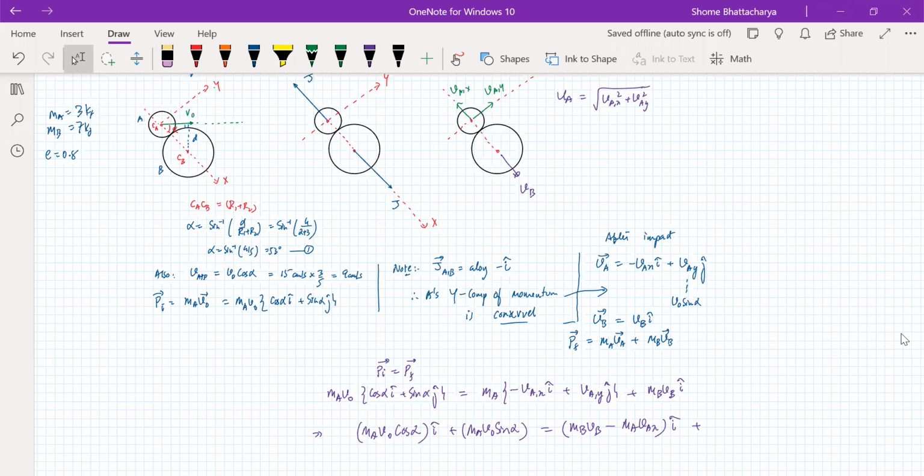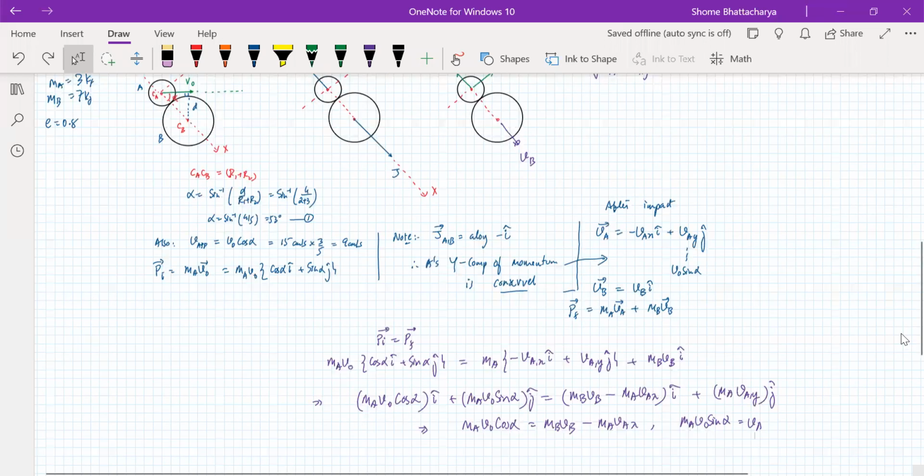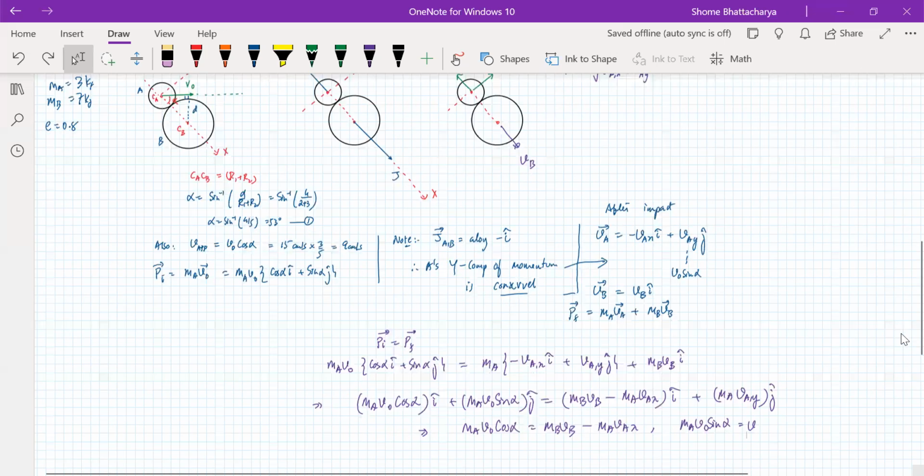And the y component is purely A's y component only, so they have to be equal, which is reflected in the impulse picture, because there is no impulse acting on A along the y-axis, neither on B. So this generates our two equations. mA V naught cos alpha is equal to mB VB minus mA VAX, and on the other hand, mA V naught sin alpha is equal to mA into VA's y component.